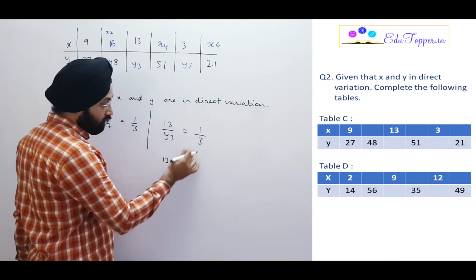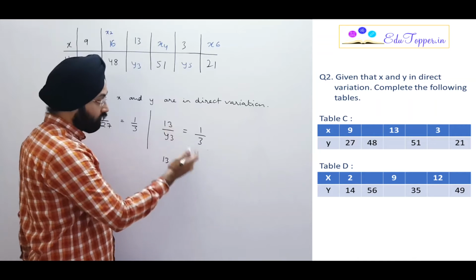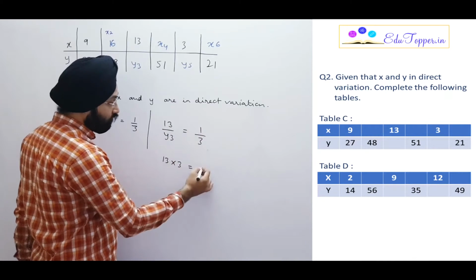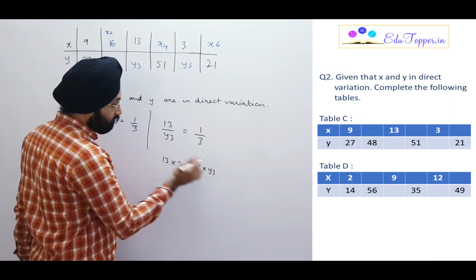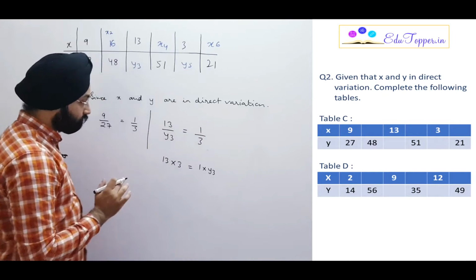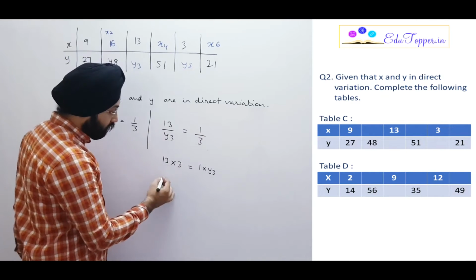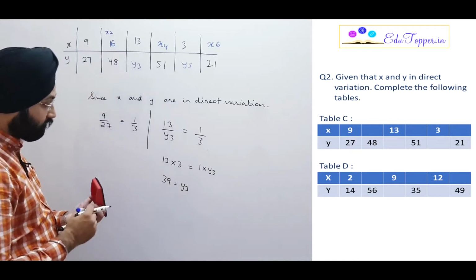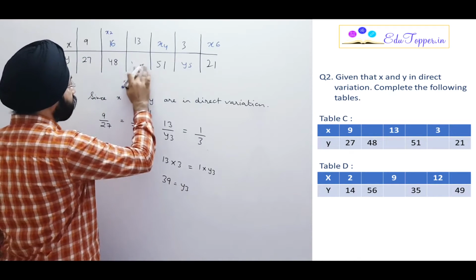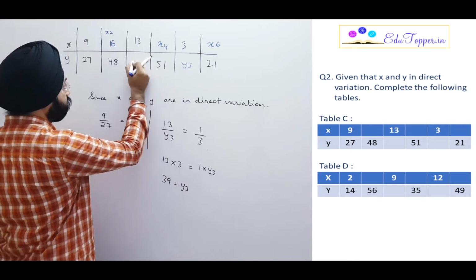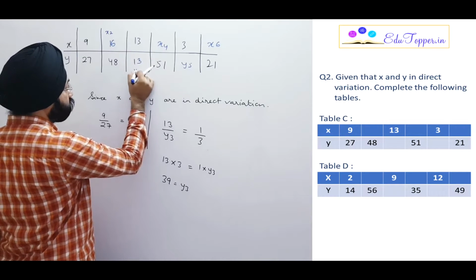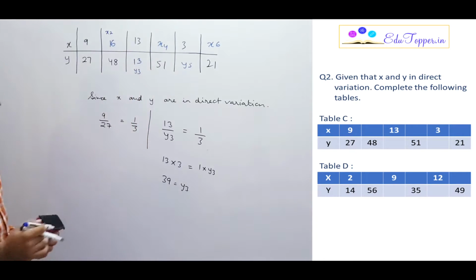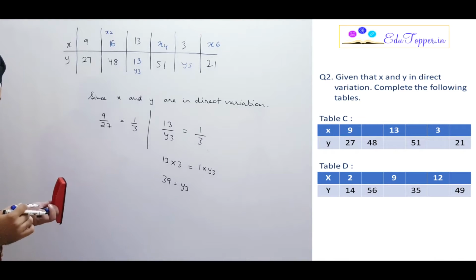This 3 gets multiplied with 13 is equal to 1 into y3. This y3 gets multiplied with 1. 13 into 3 is 39. 39 is y3. So y3 becomes 39, right?